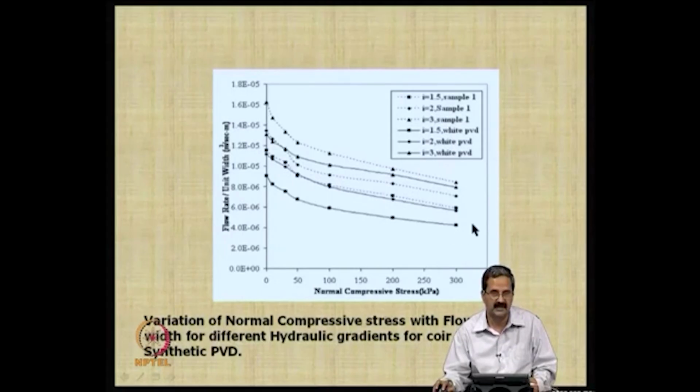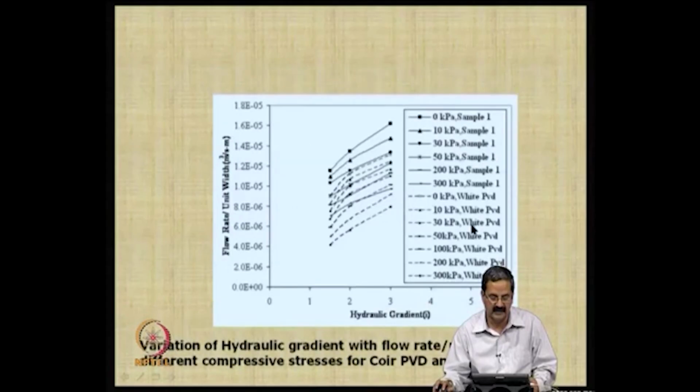This is one important point one should know. This is another example of the same thing: under different hydraulic gradients, how are they performing? You can see that all the samples are a little higher, but they have comparable properties.